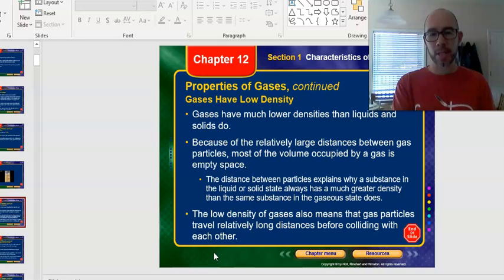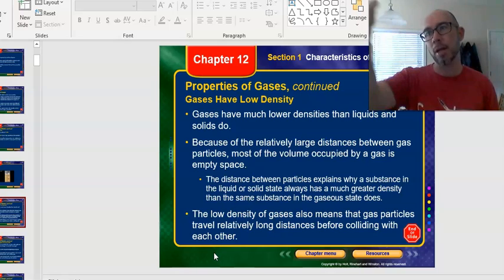Gases have low density as well, much lower density than liquids and solids, and so they tend to rise and mix much more easily because of that relative large distance between gas particles. Most of the volume occupied by gas is empty space. But even though that's true, gas particles are moving very fast.